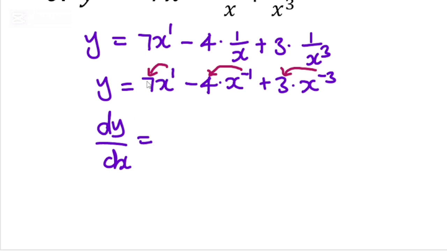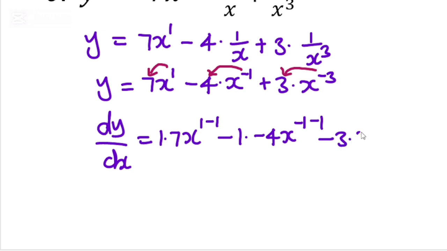So we'll have 1 times 7, then x to the power 1 minus 1, then negative 1 times negative 4, then x to the power negative 1 minus 1. Then this power is going to multiply by positive 3, so we'll have minus 3 times positive 3 times x to the power negative 3 minus 1.